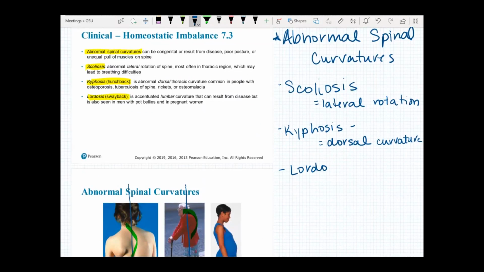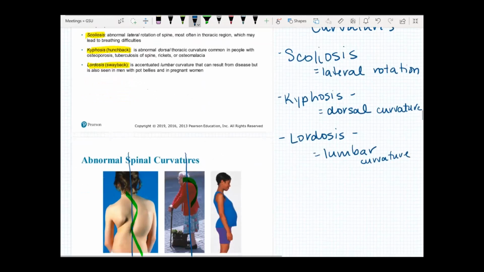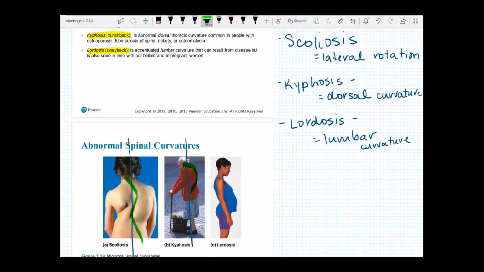And this is also called swayback. So lordosis is going to be an accentuated lumbar curvature. So it's going to be further down. It's the same concept as dorsal, except rather than being higher up on the back, this is going to be a curvature lower down.